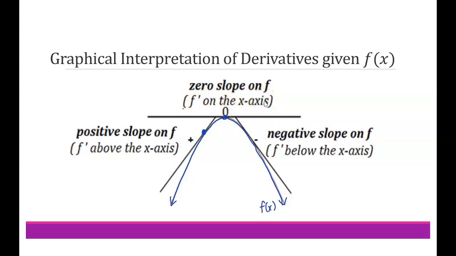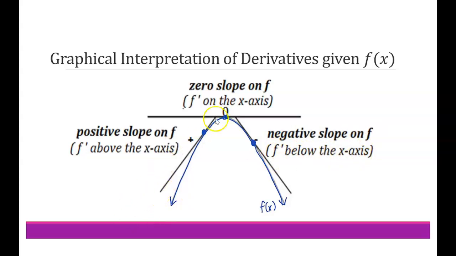I would have an x-intercept. And then on this right-hand side over here, if I were to draw a tangent line at this point of tangency, the tangent line would have a negative slope. A negative slope on f would mean that f prime, the derivative, needs to be below the x-axis.